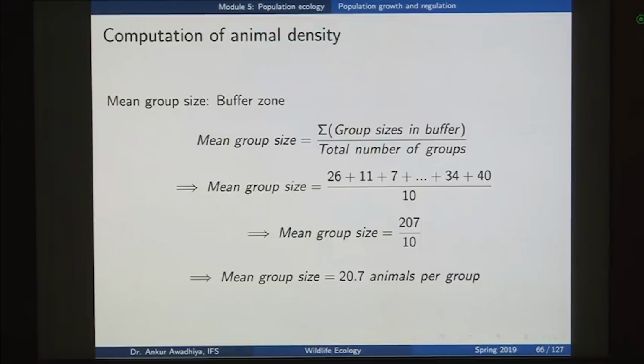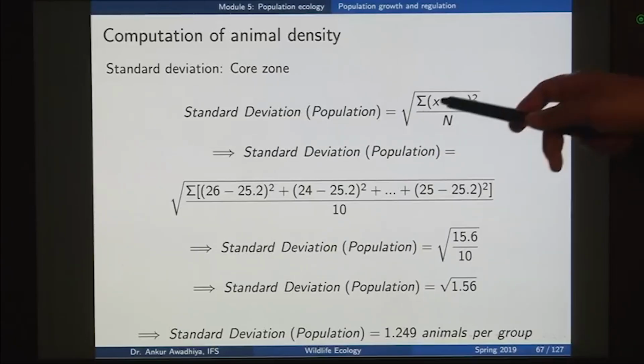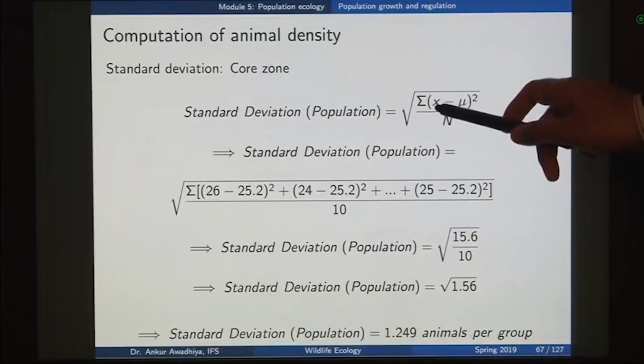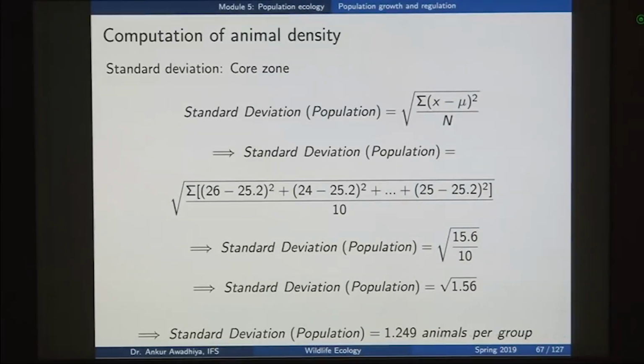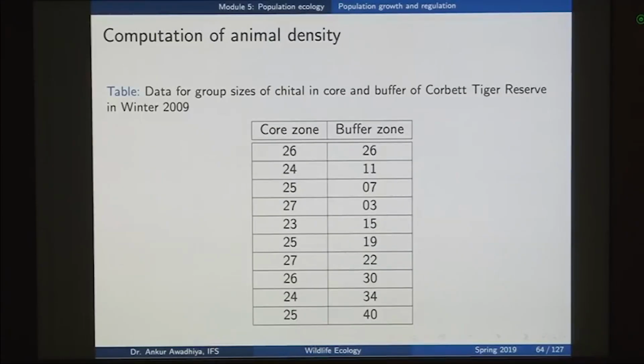Now, from the group density, we can then move on to the standard deviation. Now, standard deviation for a population is given by the square root of the sum of deviations. So, in this case, mu is the average value that we figured out earlier, x is all the different values. So, in the case of core, we saw that the average is 25.2 and the values are 26, 24, 25 and so on.